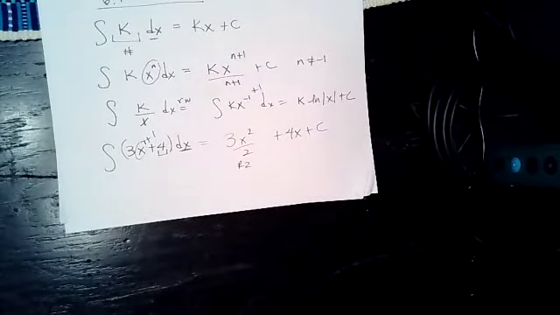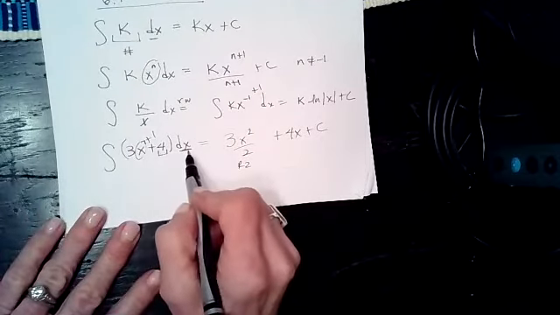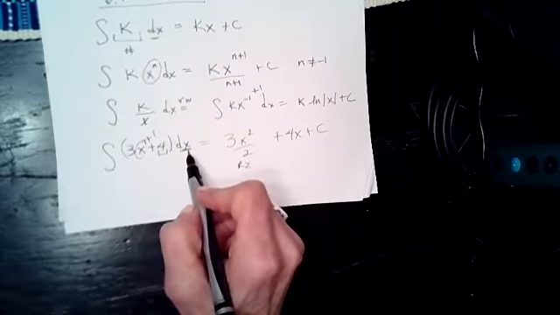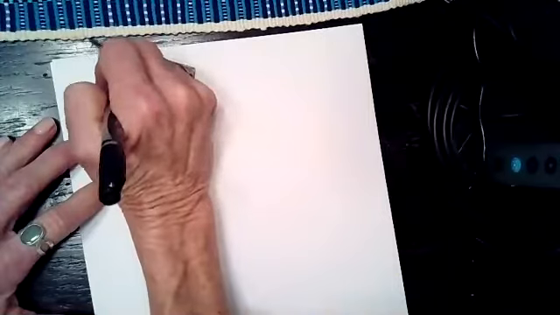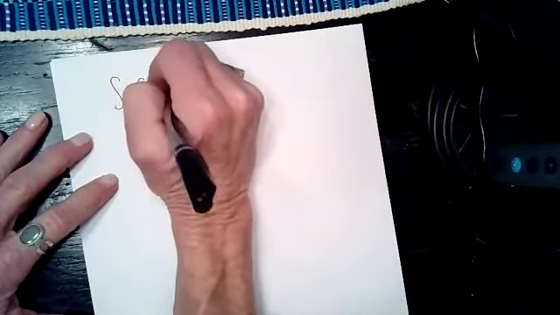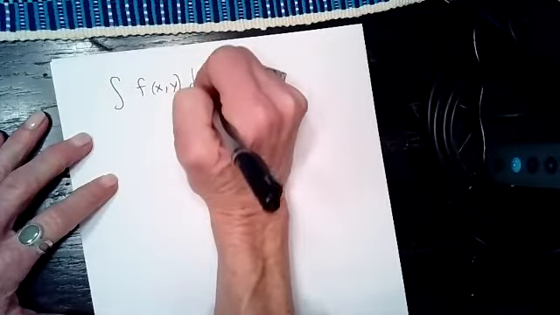Well, it's important to know that when we integrate with respect to x, x is my variable term. And sometimes I'll integrate with respect to y, and y will be my variable term. So let's talk about this. When I integrate a two variable term with respect to x, I'm going to treat x as my variable term, but I'm treating y as a constant term.